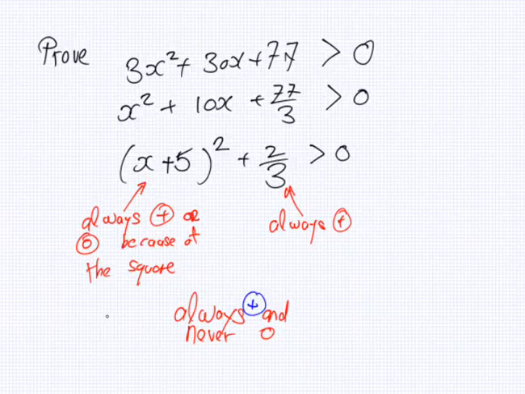Okay, write this one down. Sorry, that should say always positive and never 0. Oh, you mean can you write positive like this? That is okay, yep.